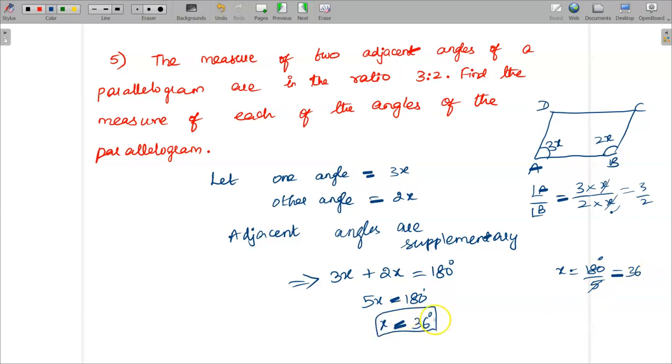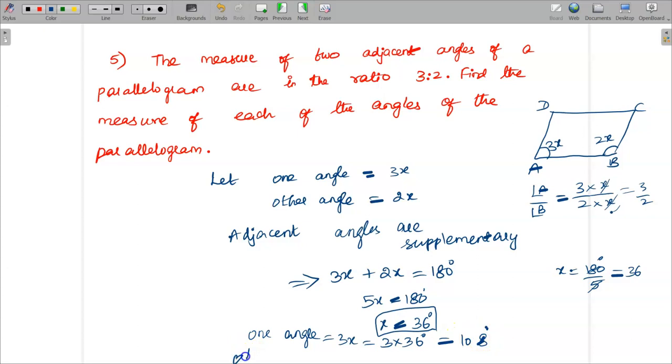Once we have determined that the x value is 36 degrees, I can find out one angle value and the other angle value. One angle value is 3x, which is nothing but 3 into 36, which is equal to 108 degrees.